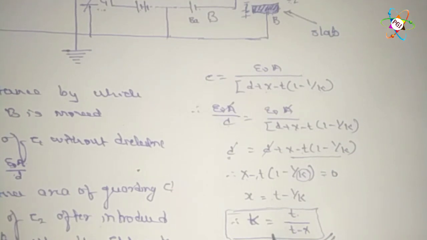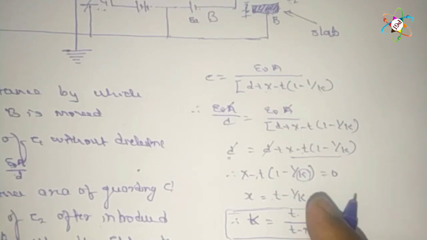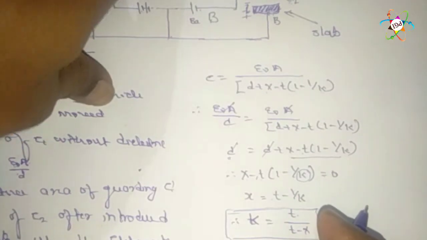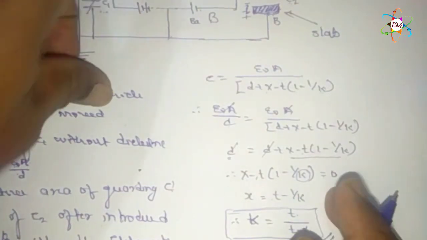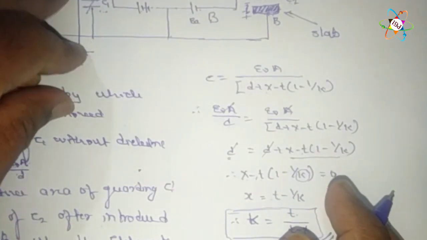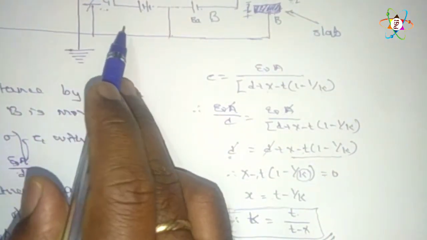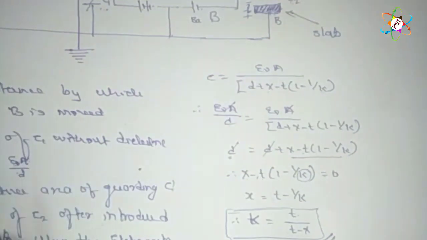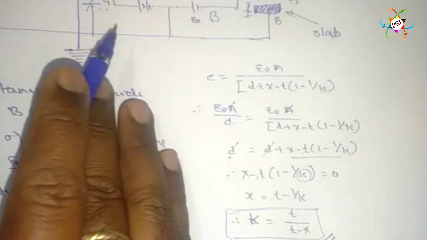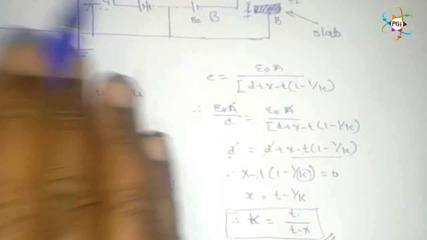This equation is given by Hopkinson's null method. Null method means there is no deflection. This is the easiest method to find the dielectric constant of a solid body.